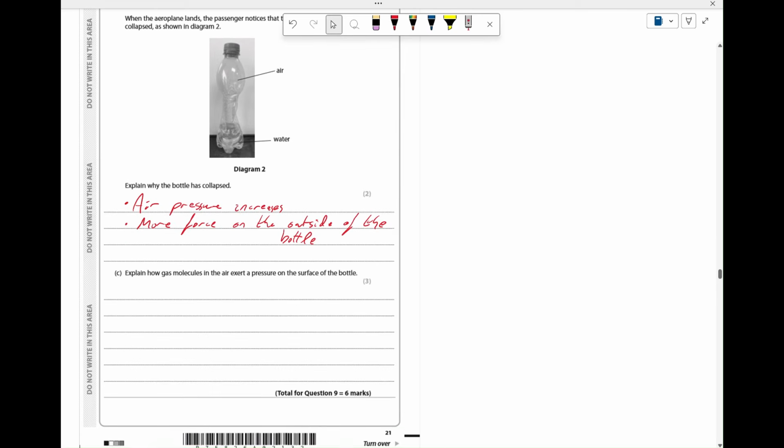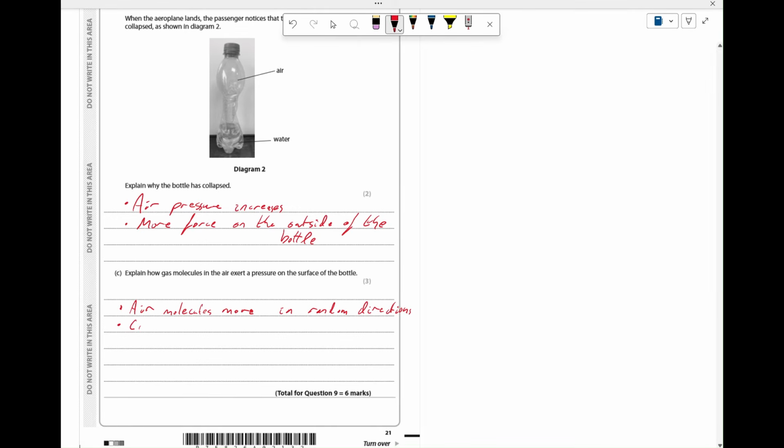Explain how the gas molecules exert a pressure on the surface of the bottle. So the idea that you have air molecules move in random directions.